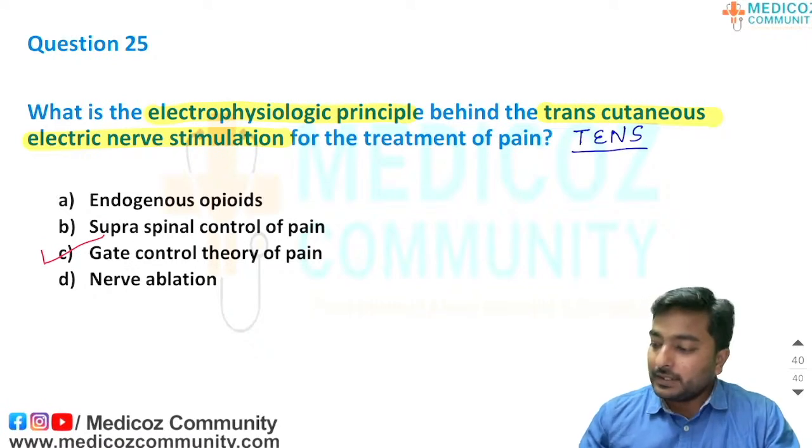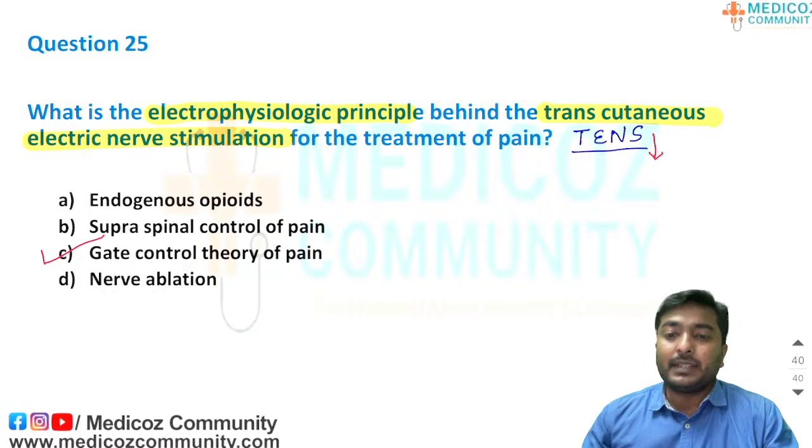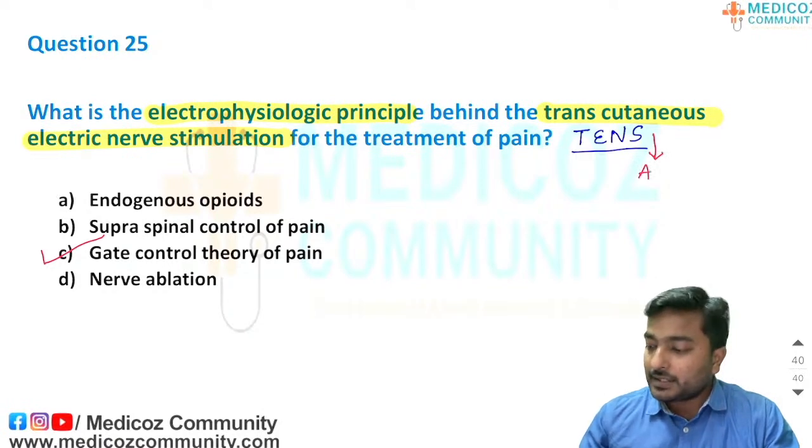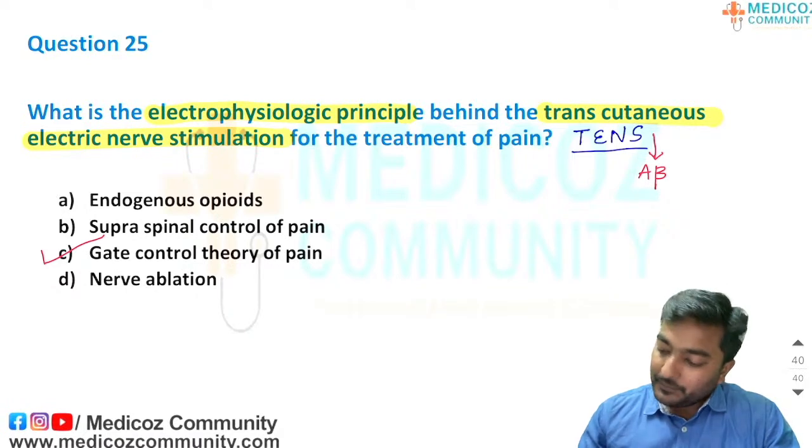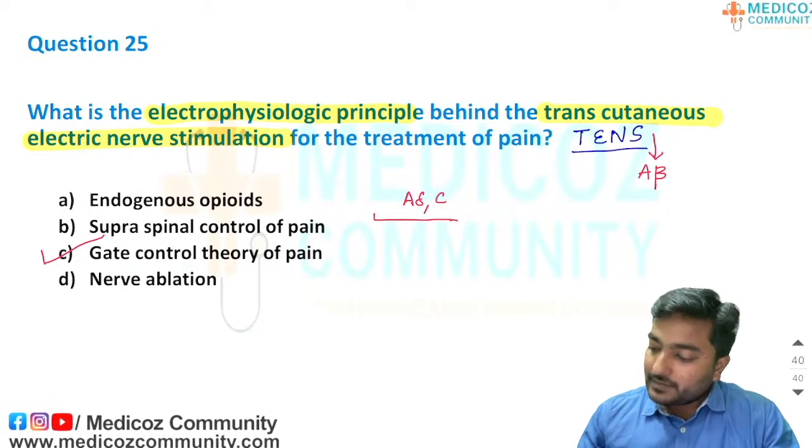Whenever they do this procedure, they are simultaneously activating the large diameter fibers, A beta fibers. Normally, pain is carried by the A delta as well as C fibers, right? Whenever they reach the dorsal horn of the spinal cord, projection neurons there transmit it to the thalamus.